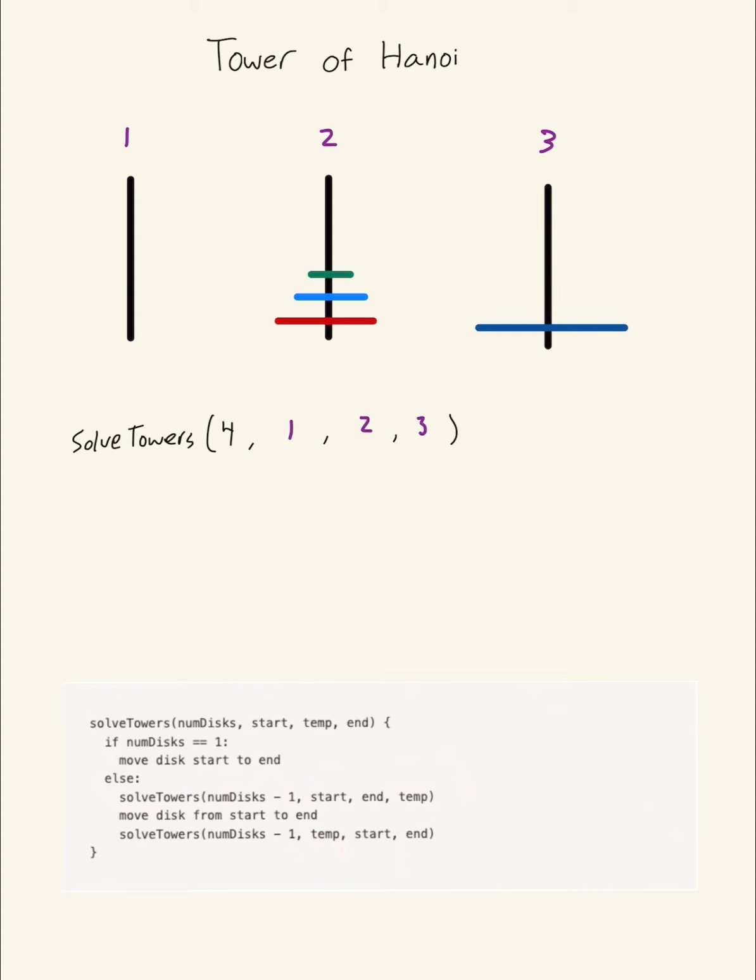So how do we get from 2 to 3? Using 1 as the temporary, right? We're using the start as the temporary here in this function call. And so we've seen this work, and so once that finishes, then we'll be over here. And that's when solve towers 4 finally finishes and we're done. And the problem has been solved recursively.